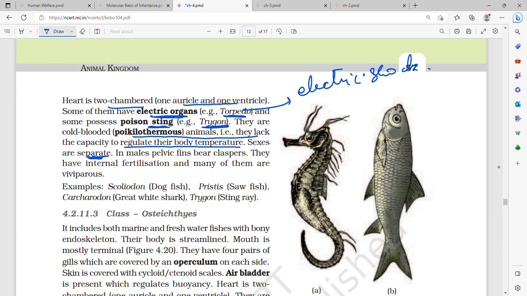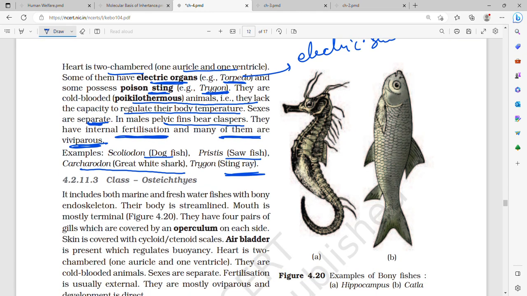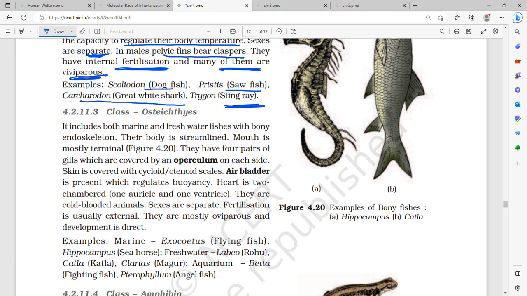Sexes are separate, dioecious. In males, pelvic fins bear claspers. They have internal fertilization. Many of them are viviparous. Examples: Scoliodon, dogfish; Pristis, sawfish; Carcharodon, great white shark; and Trygon, stingray, which has a poison sting.